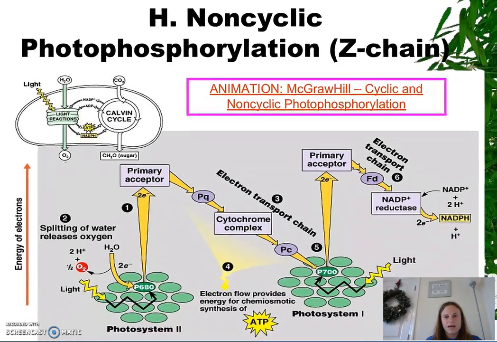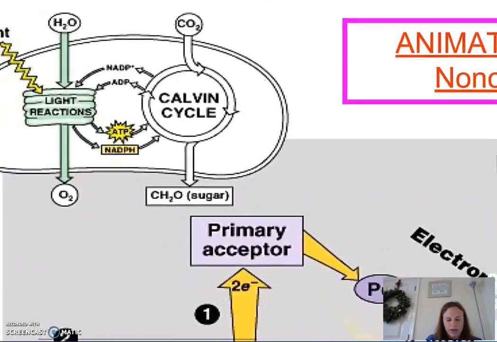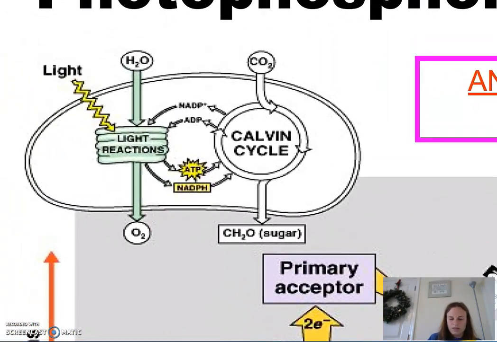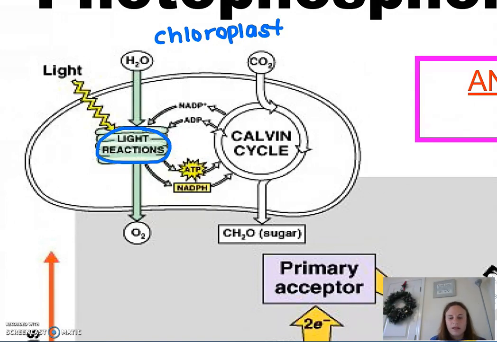So before we dive into non-cyclic photophosphorylation, let's just take a look at where we are located. Photosynthesis, we know, occurs in the chloroplast. Now, we are still discussing the light reaction, so we're still talking about the thylakoid.